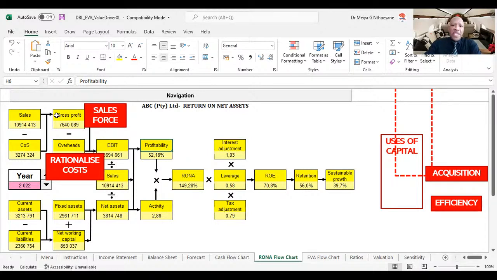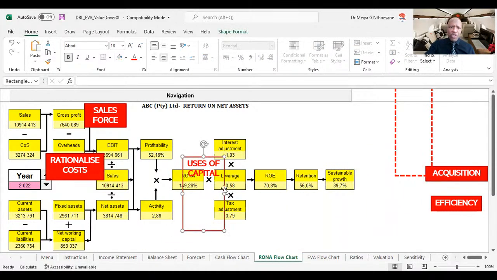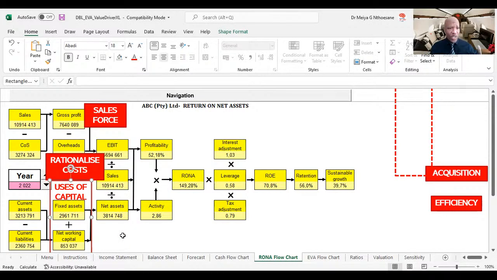Now, moving away from the income statement, the second statement we've been dealing with is our balance sheet. From the finance point of view, what we're interested in is the uses of capital. We don't have capital for the sake of having capital.